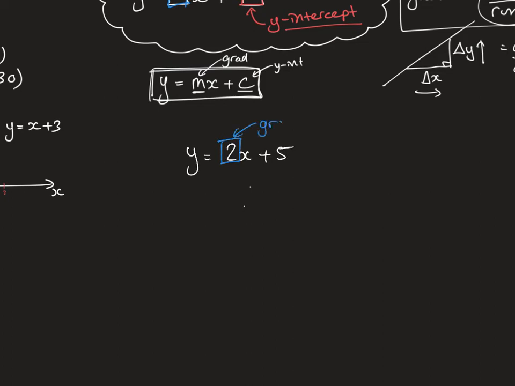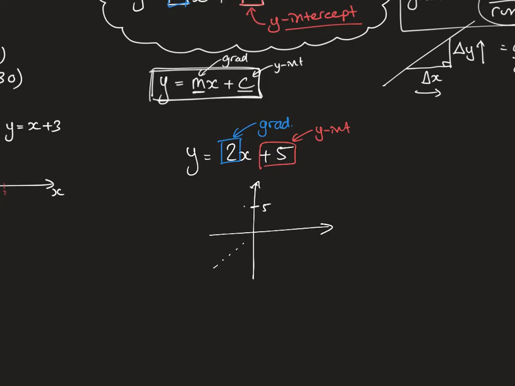That's our steepness. And the number that's on its own, positive 5 here, will be your y-intercept. So if we're required to draw this, all you'd have to know is that it's going to cross at 5, and it will have a steepness of 2.